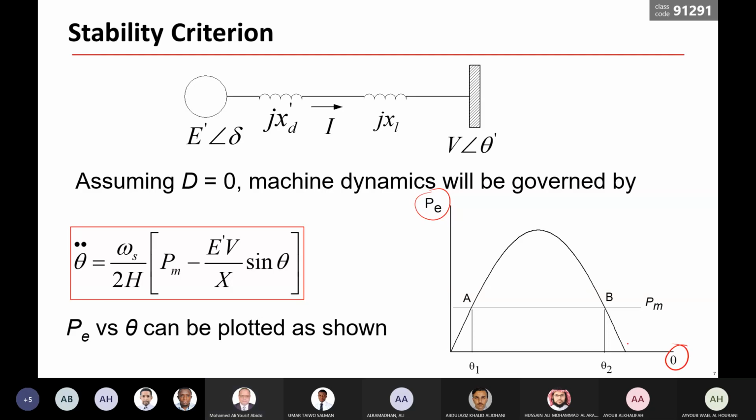P_E can be written as P_E max sine theta, and this P_E max equals E prime times V over X. This is the maximum electrical power, and this happens at theta equal to 90 degrees.